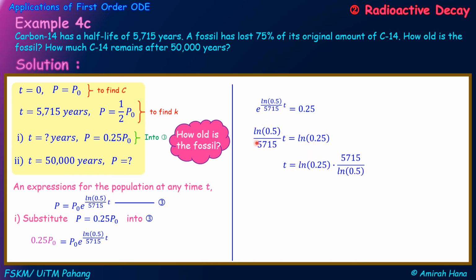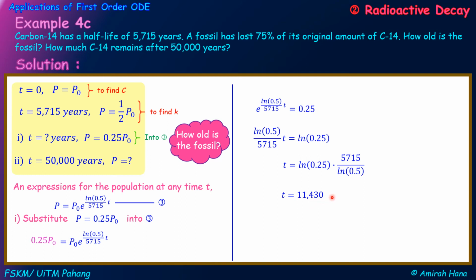We move this fraction to the right hand side, so we get times and then we multiply by this fraction, but we need to exchange numerator and denominator. So we get times 5715 over ln 0.5. And then using calculator, t equals 11,430.